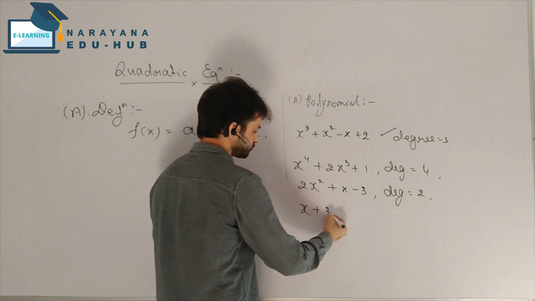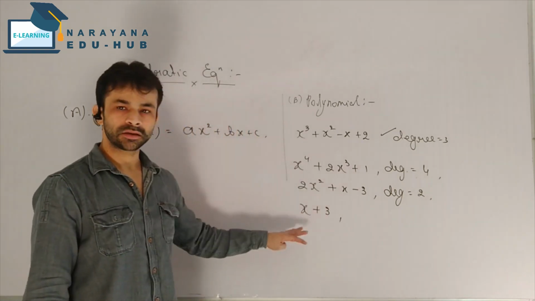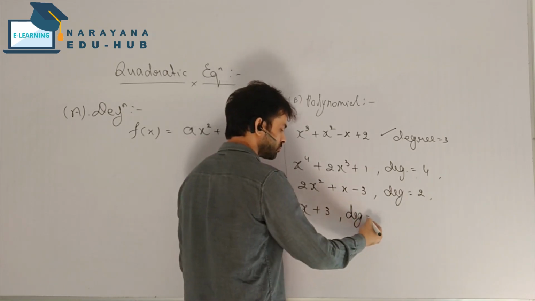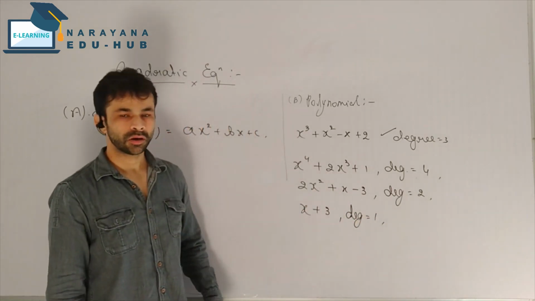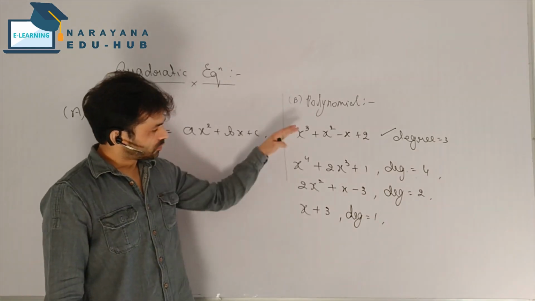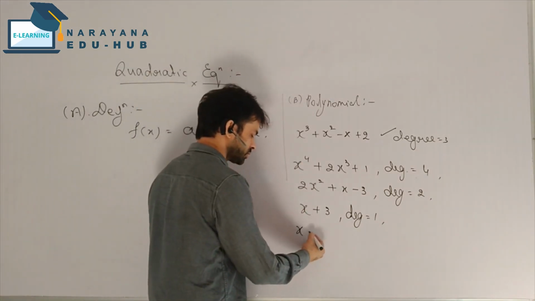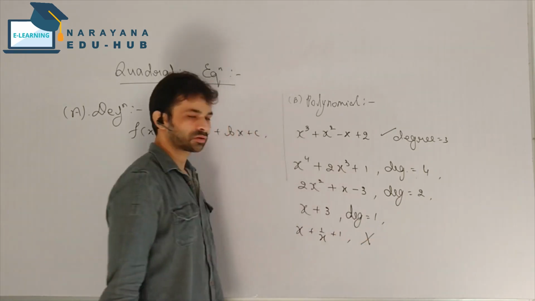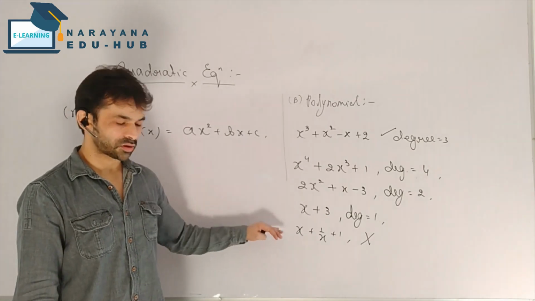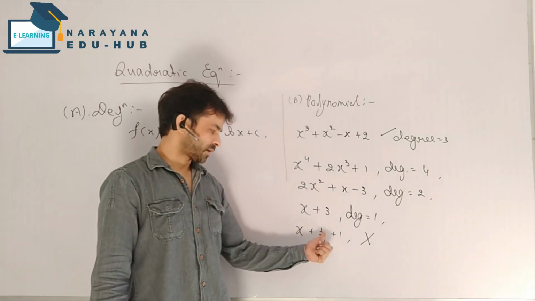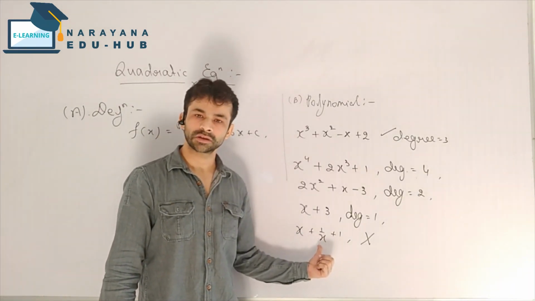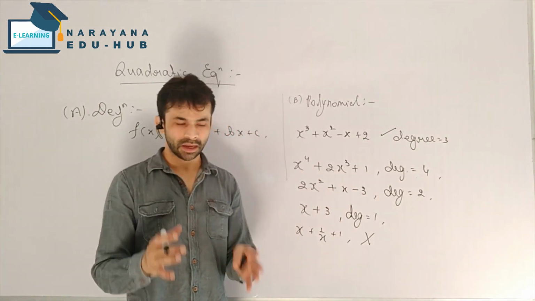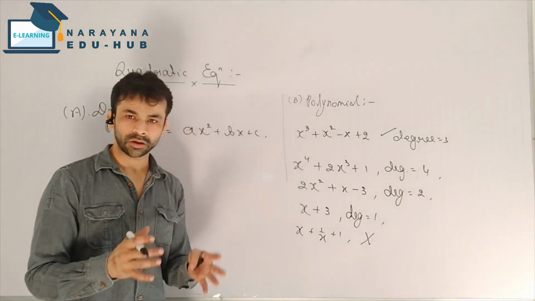This is linear, meaning of degree 1, a polynomial of degree 1. But if I write x plus 1 by x, this is not a polynomial, because the power of x is minus 1. This is negative, and the power of x cannot be negative in any polynomial.